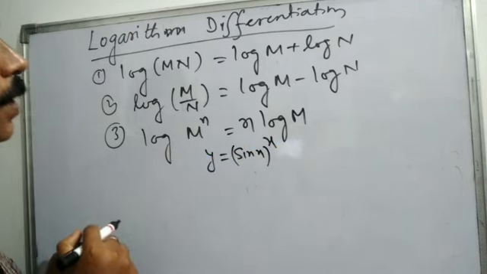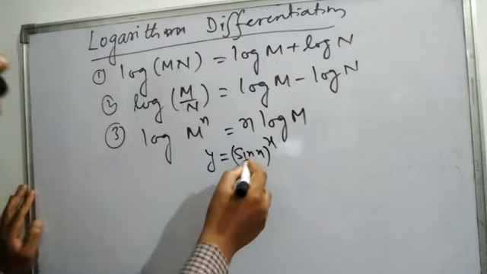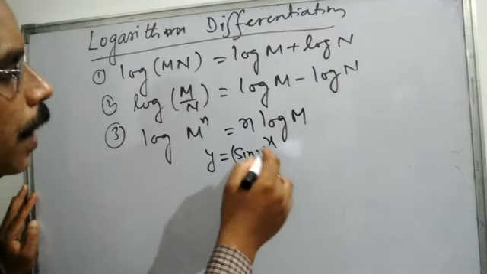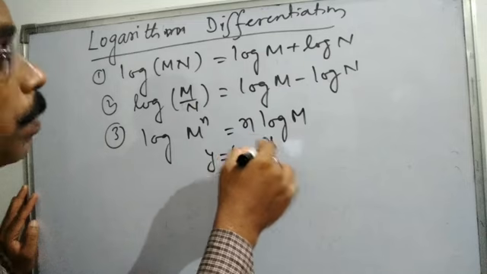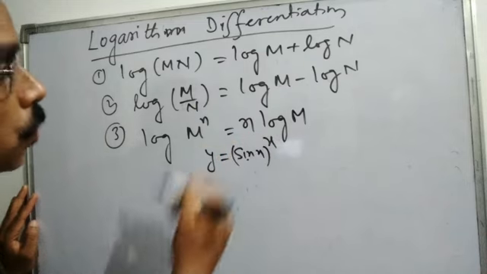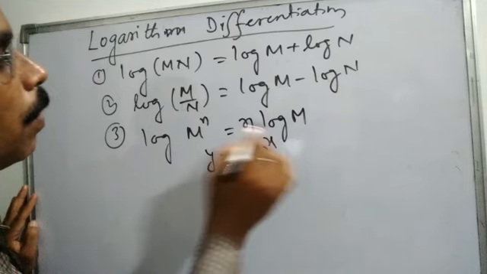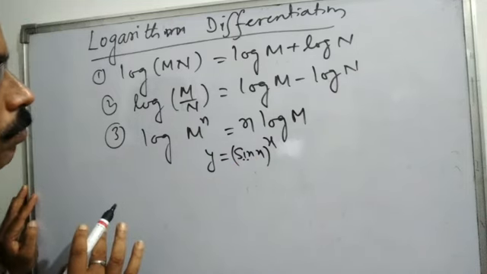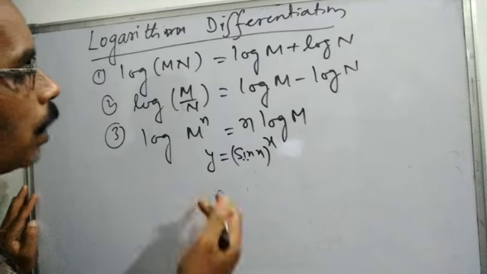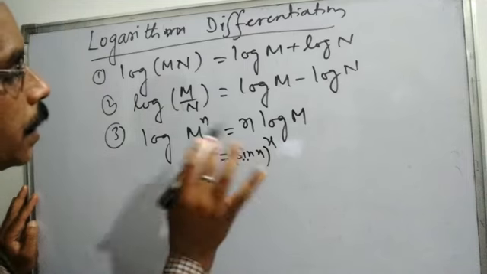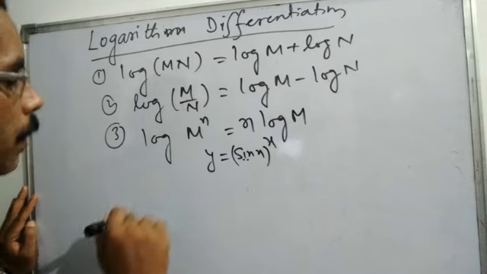In this case, sin x is the variable term, that is, a function of x, and again the power of sin x is also a function of x, that is, variable power variable form. So how can we find the derivative? I will consider this example and find the derivative.